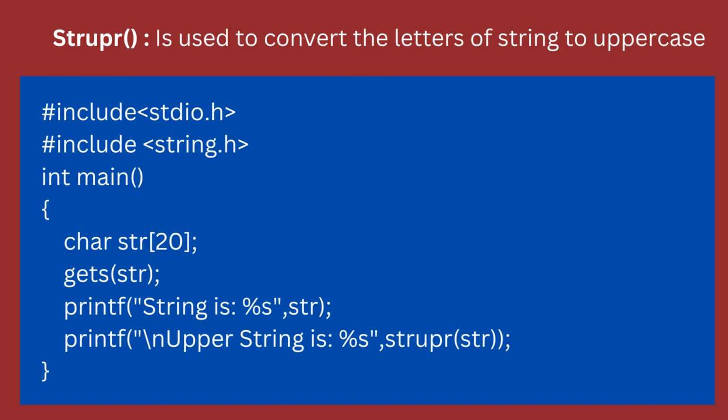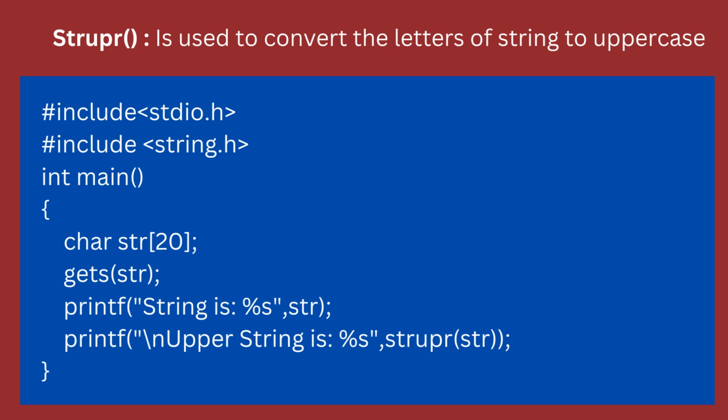The next is uppercase. When we want a string to be printed or used in uppercase, then we use the strupr function to convert the letters of the string into uppercase.